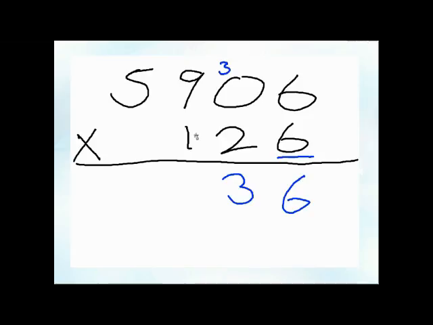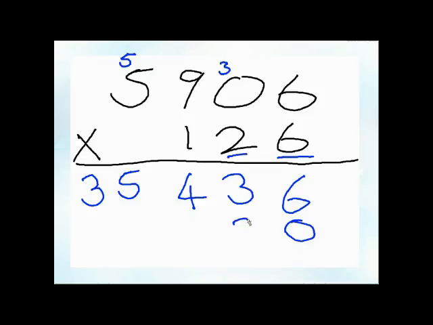Then 6 times 9 is going to be 54. So, and the 5 goes there. And then 6 times 5 is going to be 30. 30 plus 5 is 35. Okay, now because we're going to the second digit, which is the tens, then we're going to have a 0 here because it's 10.